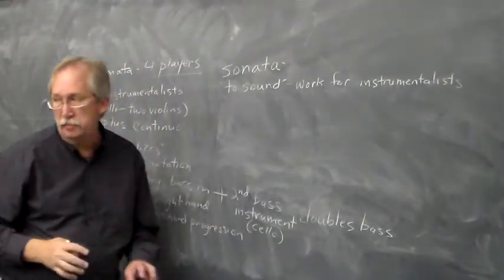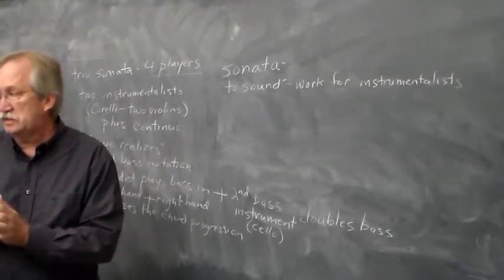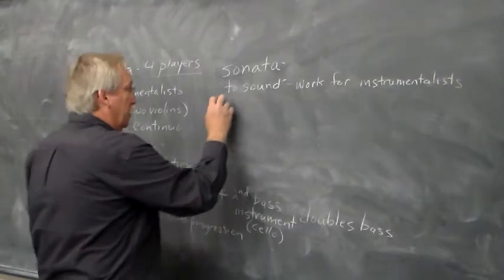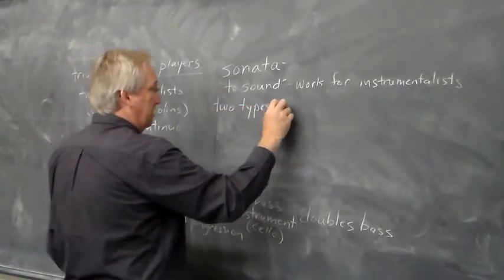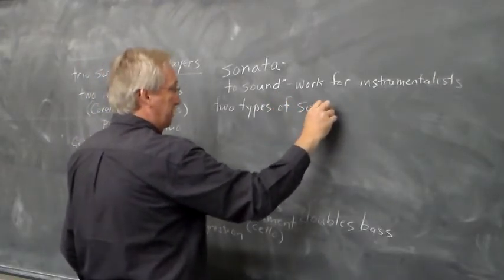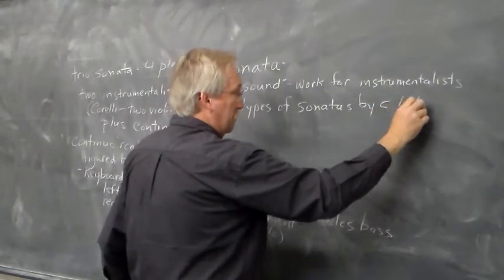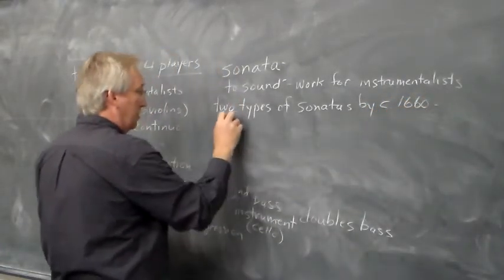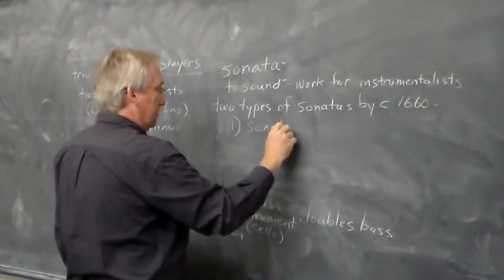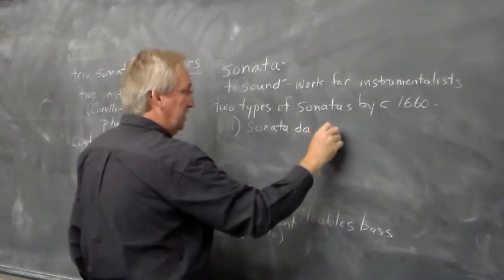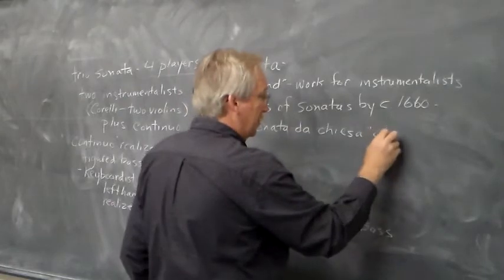And 2 basic types of sonatas developed by around 1660 or so. One is called the Sonata da chiesa, which means church sonata.